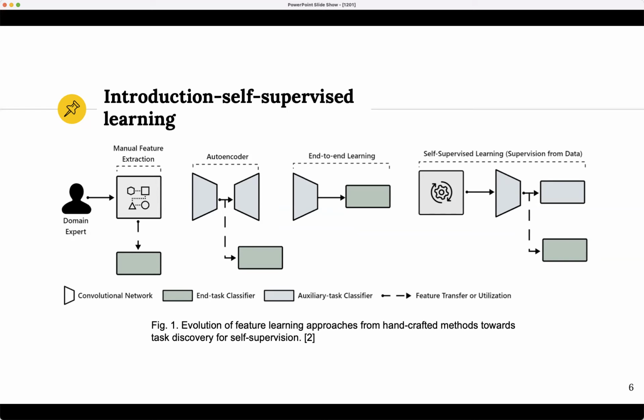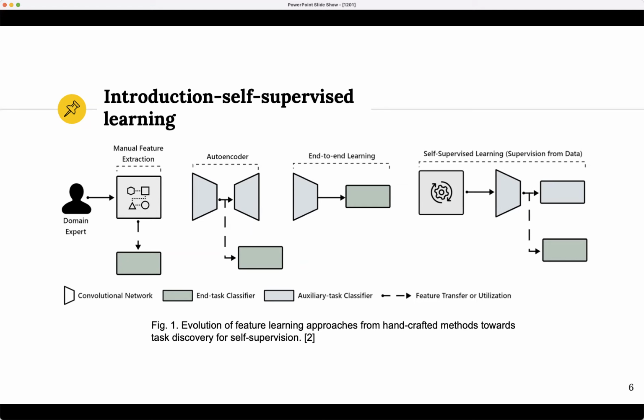The third is the widely used end-to-end learning. It doesn't explicitly represent the features of inputs, but a part of the model can be seen as doing the feature extraction as well. However, in self-supervised learning, the model is directly divided into the encoder and the classifier.